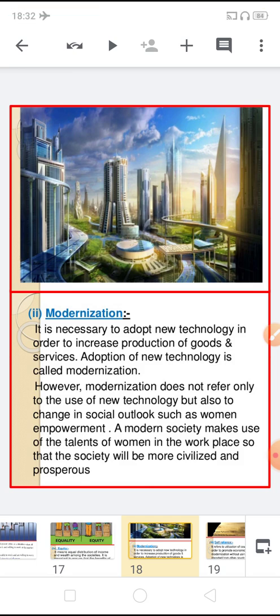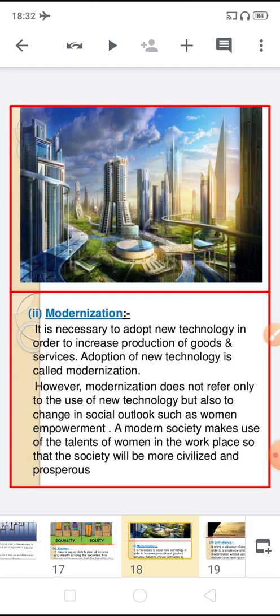But now, the Indian planners have also recognized the need for modernization of society to raise the standard of living of the people, and modernization includes adoption of new technology and change in social outlook. So, children, modernization aims to increase the production of goods and services through the use of new technology.